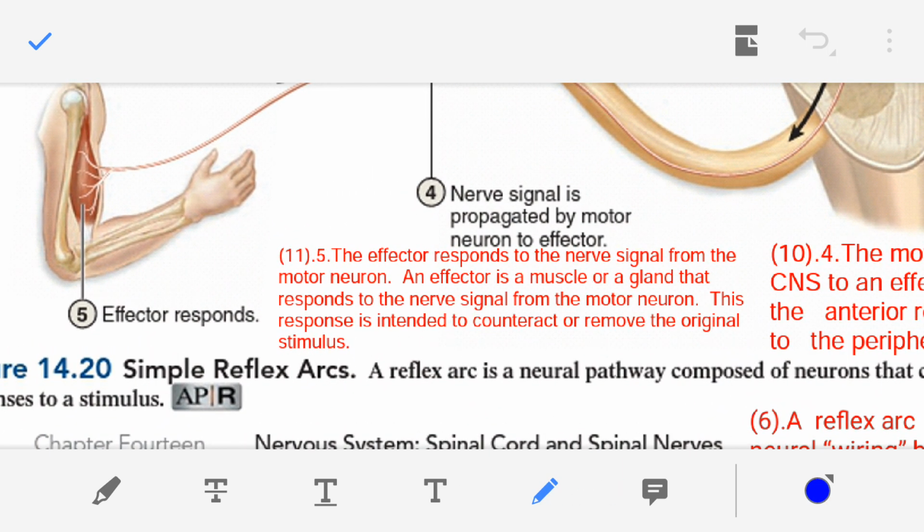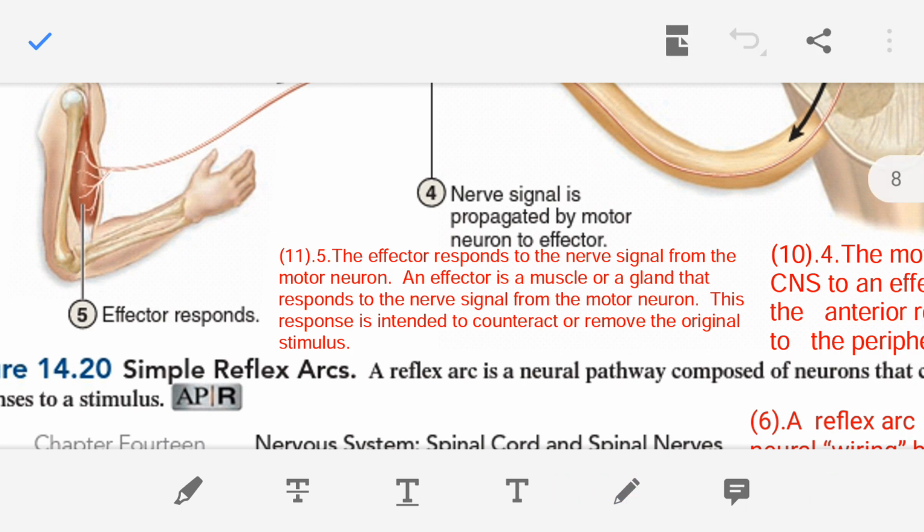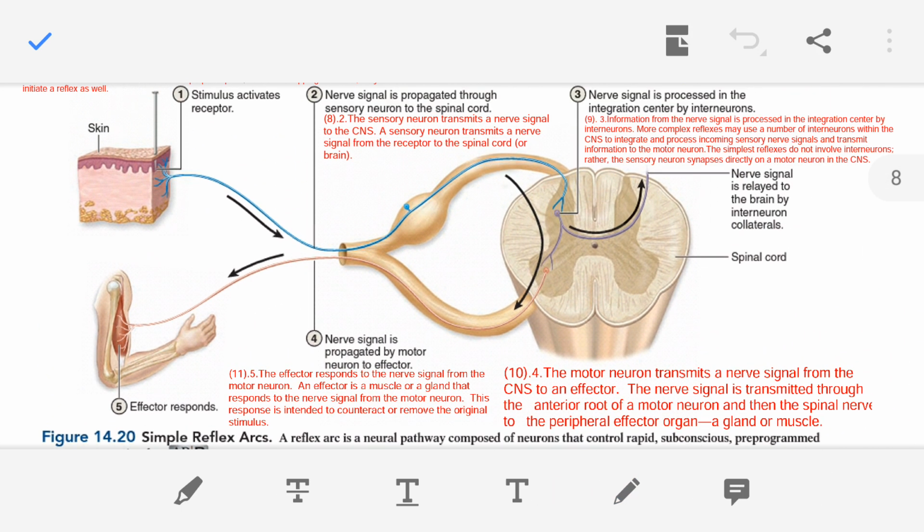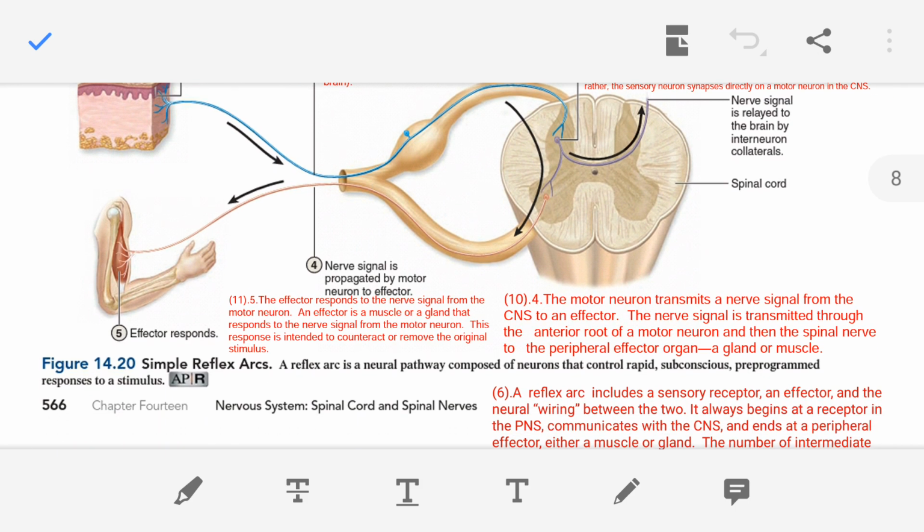Now when the nerve impulse reaches the effector organ, it responds. And how does the effector organ respond? If it is a muscle, it will contract and move your hand from that dangerous situation. So these are all the steps.